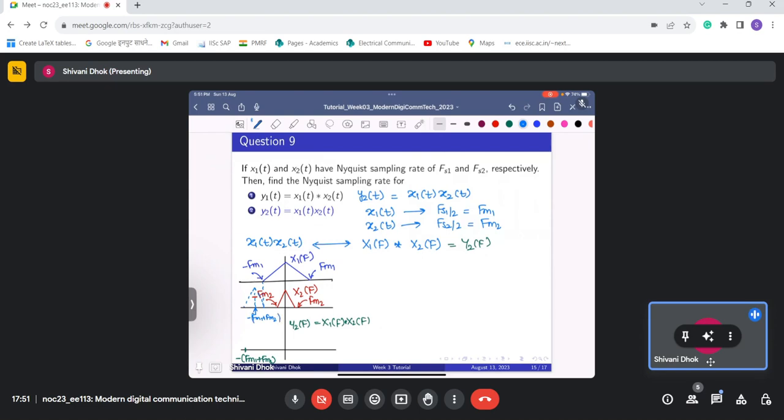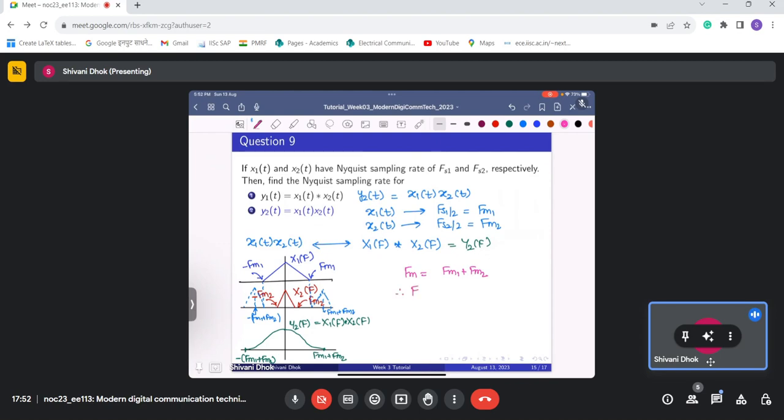Similarly, the overlap will end when it is something like this, that is, this point will be fm1 plus fm2. So this thing will be something like this, where this point will be fm1 plus fm2, and this point here will be minus fm1 plus fm2. From this, we observe that the maximum frequency fm is basically fm1 plus fm2.